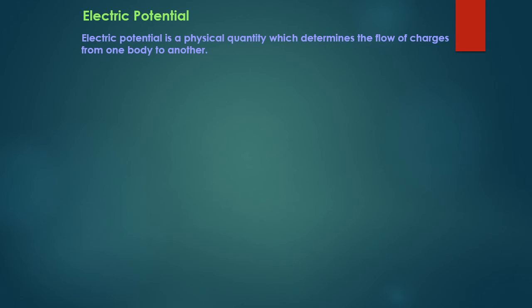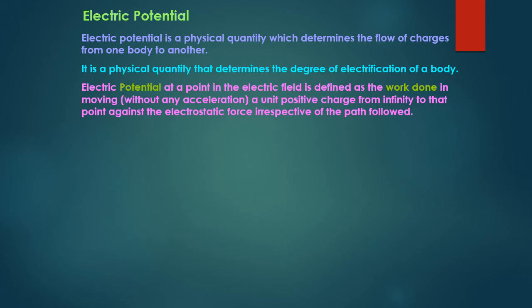Friends, further we talk about electric potential. What is electric potential? Electric potential is a physical quantity which determines the flow of charges from one body to another. It is a physical quantity that determines the degree of electrification of a body. Potential means strength.